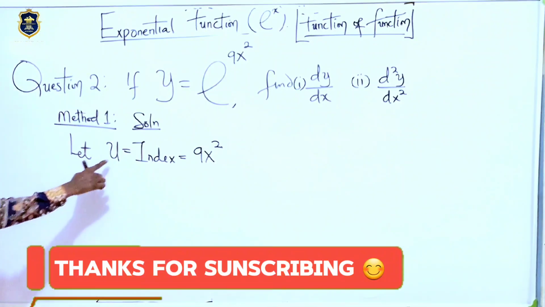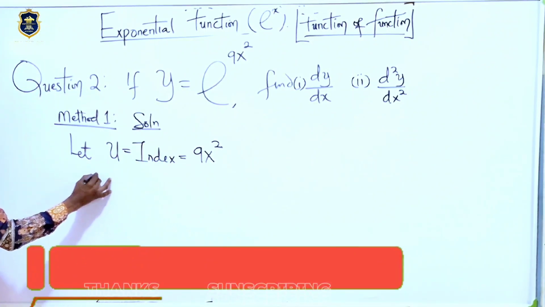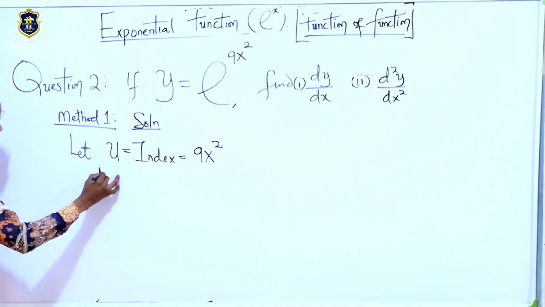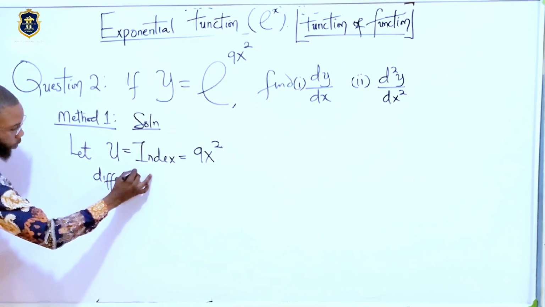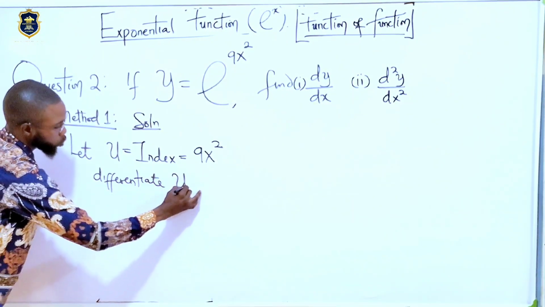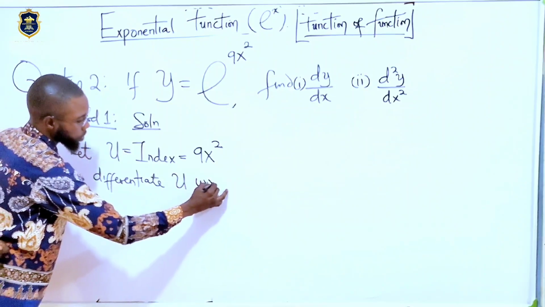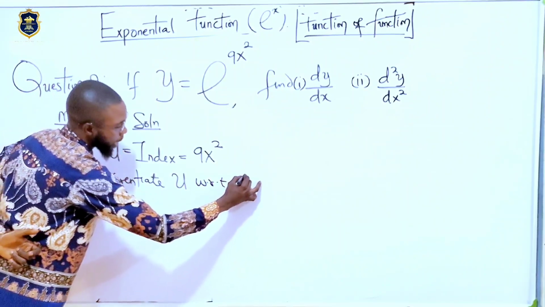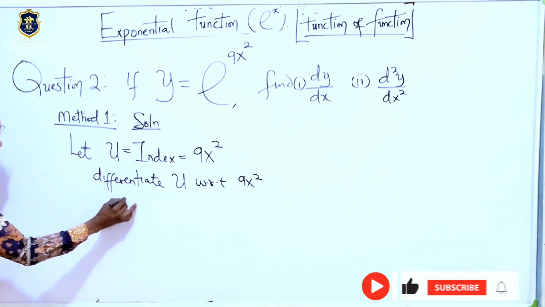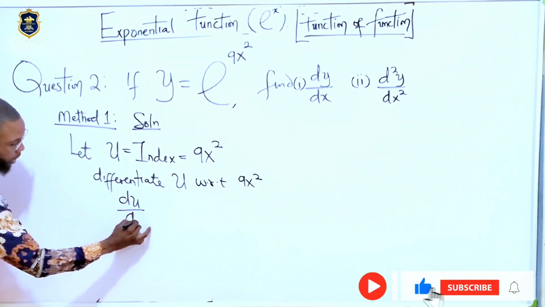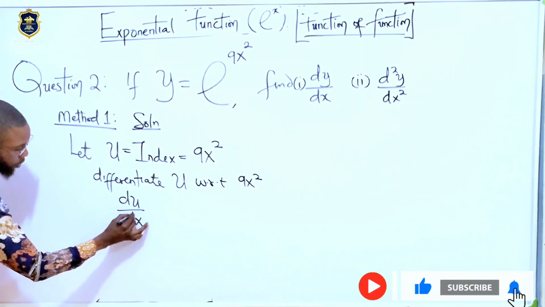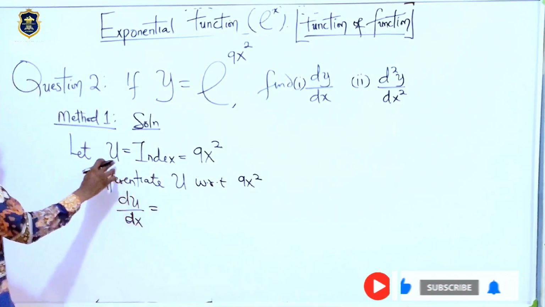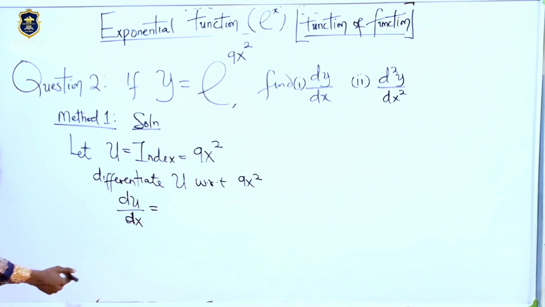So we differentiate u with respect to x, so du over dx, right? If you differentiate 9x squared, what do you have?